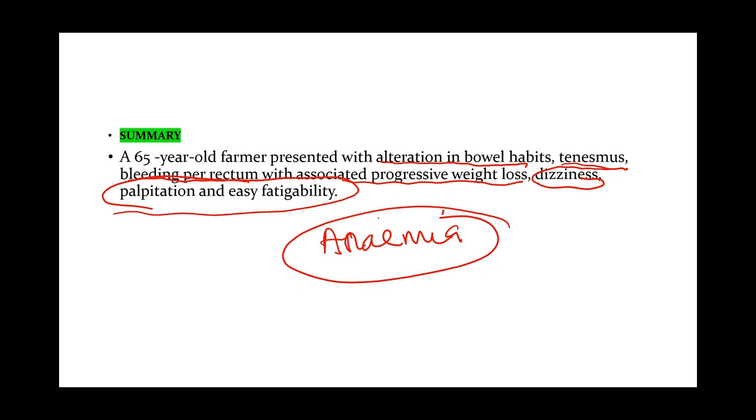Look at his age, okay? The 6th decade of life, okay? The alteration of bowel habits, you localize it to the rectum and he's bleeding and he has weight loss with anemia. Now, most of the time in your presentation, the examiner will ask you questions after the history.